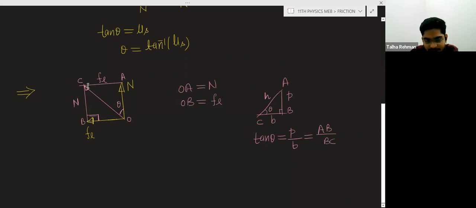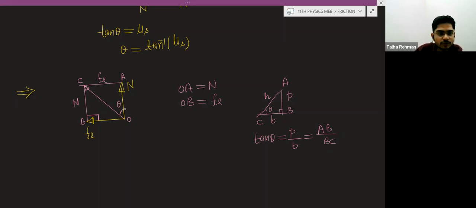Now this is also a right angle triangle. We want this angle.